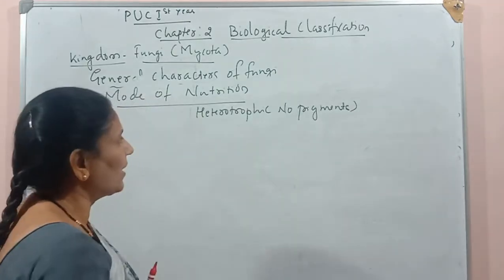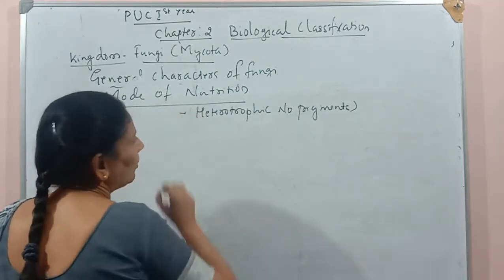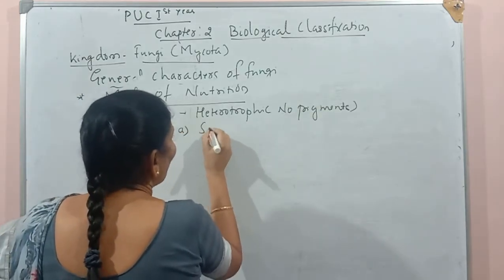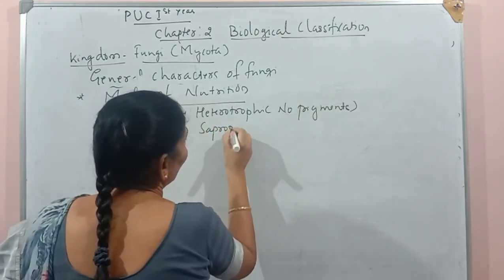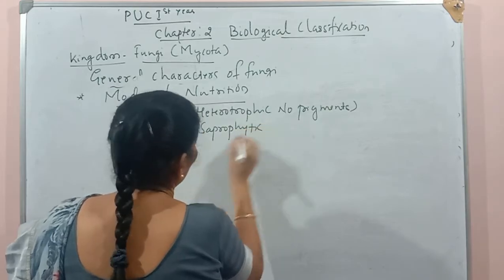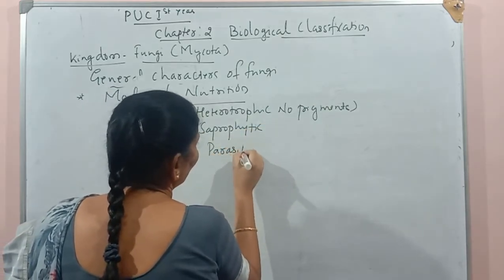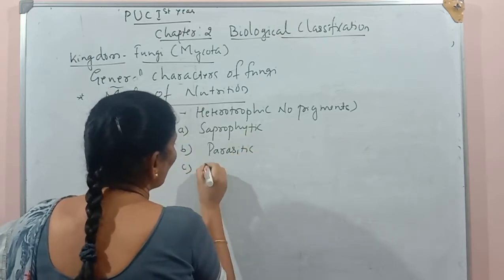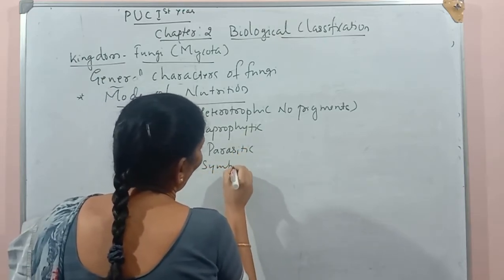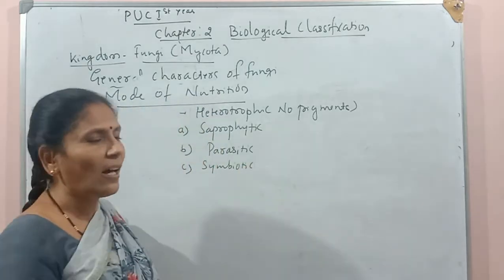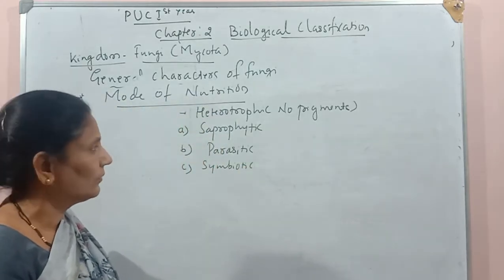There are three methods in heterotrophic type. One is saprophytic. Second one is parasitic. And third one is symbiotic. Most of the fungi are saprophytic.